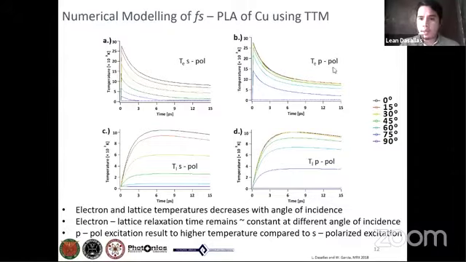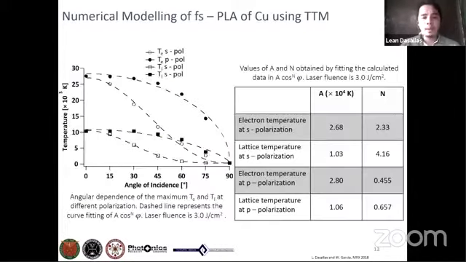In fact, when we use p-polarized light, we can obtain a higher temperature compared to s-polarized light. However, the electron-lattice relaxation time remains almost constant at different angles of incidence. We plot the maximum temperature as a function of the angle of incidence, and we see that they follow different cosine power behavior.